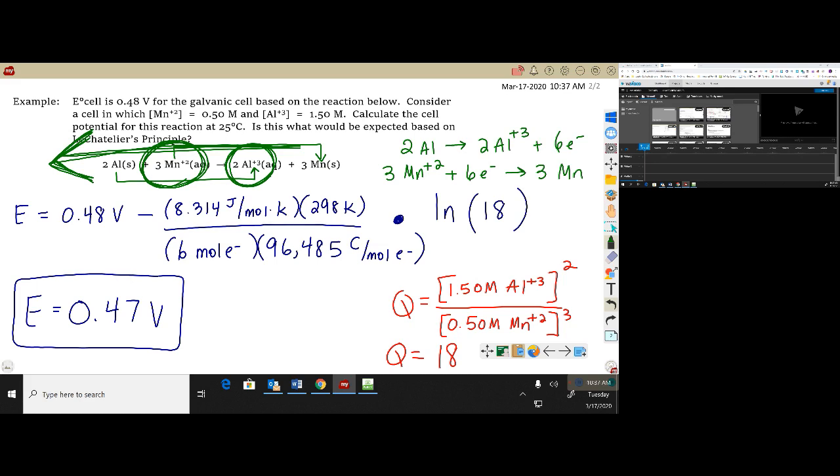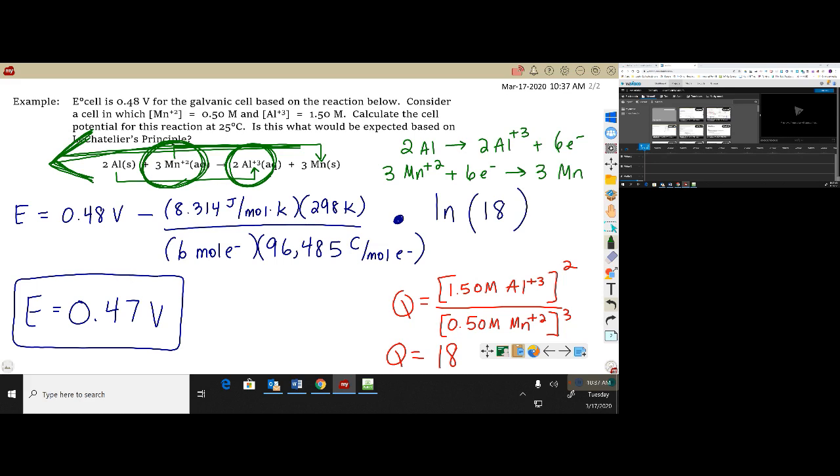Obviously these both point to the reaction shifting in reverse, which is why the cell potential drops a little bit. Now you could have one variable increase and another variable decrease, and if you can't predict the change in cell potential qualitatively using Le Chatelier, you would just have to plug it into the Nernst equation.